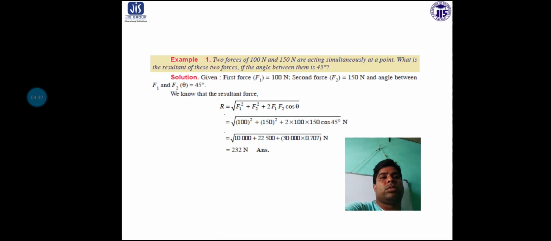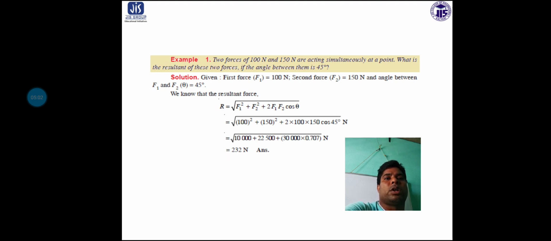Now, for the application, I describe one problem here, and let us see how to solve it and find the resultant force. First of all, read the problem. Problem number 1: two forces of 100 Newton and 150 Newton are acting simultaneously on a point.